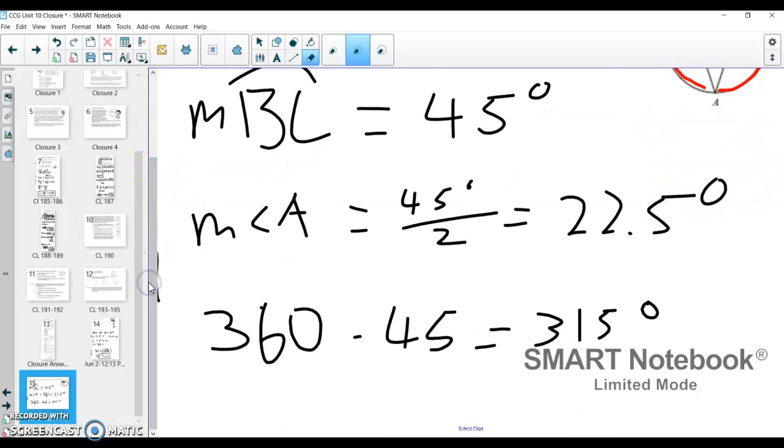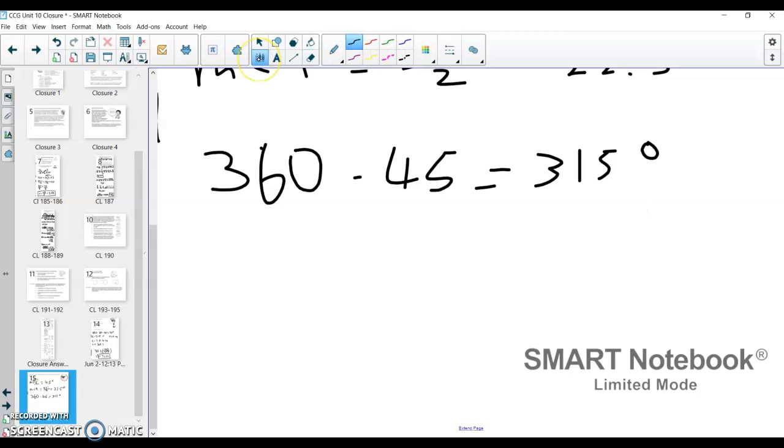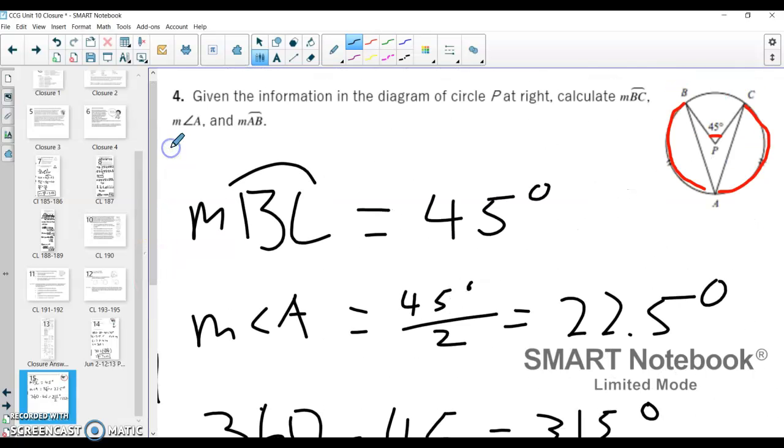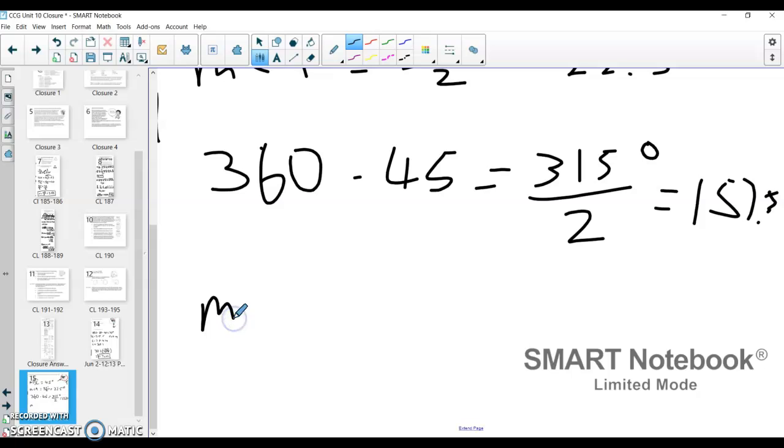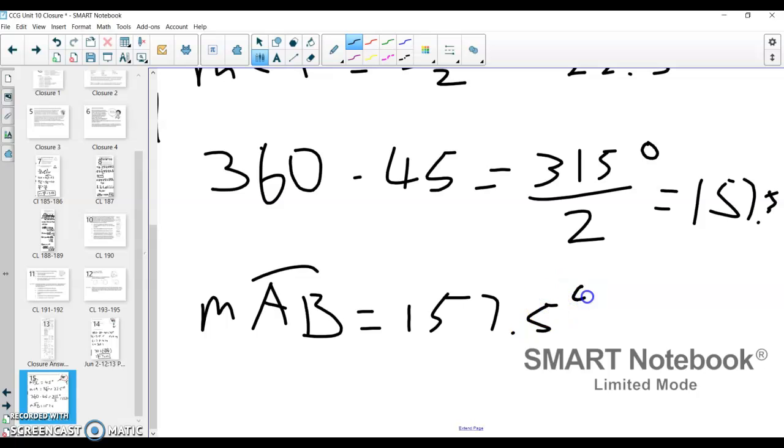And so I'm going to take 315 and divide it by 2, which gives me 157.5. And that 157.5 is the arc measure of this arc and this arc. And so that would be my answer for the last part of this problem. So the measure of arc AB is equal to 157.5 degrees.